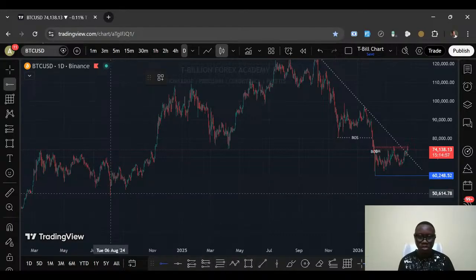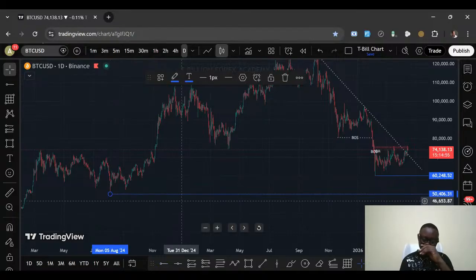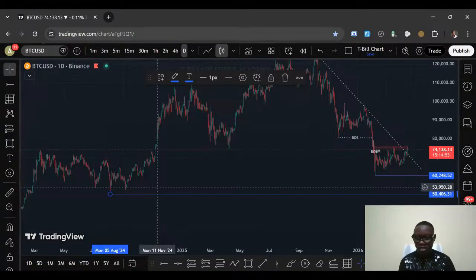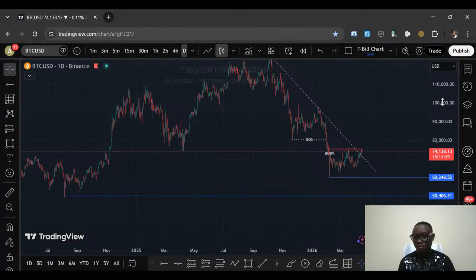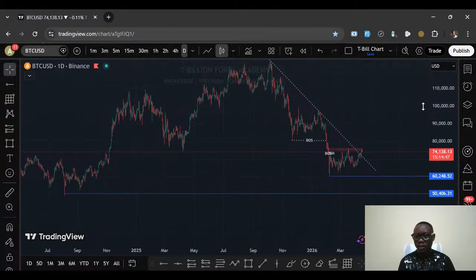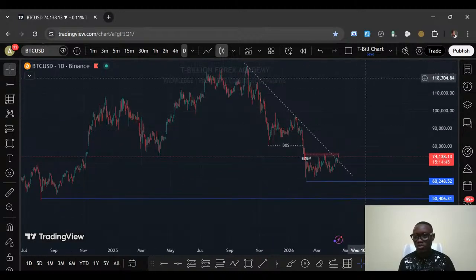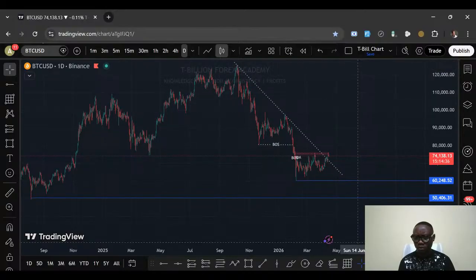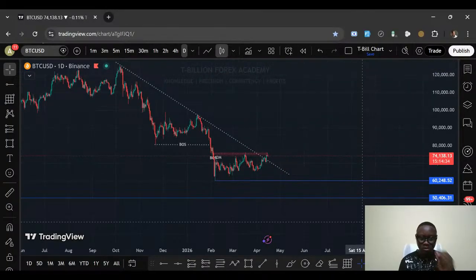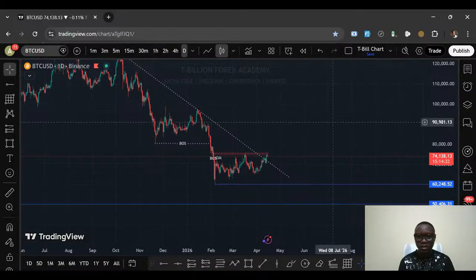Then at this base, we should expect the bullish run to resume. And this time around is going to be really massive. We'll be looking at an all-time high that is way higher than what you've ever seen in history.